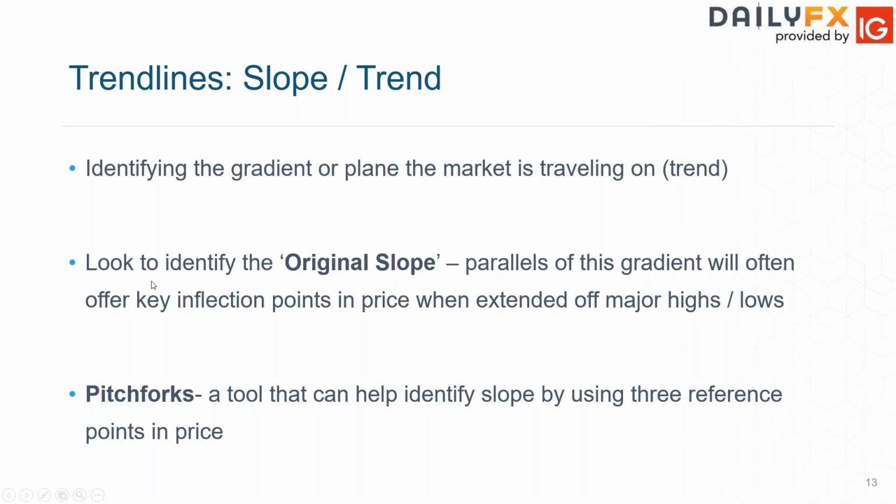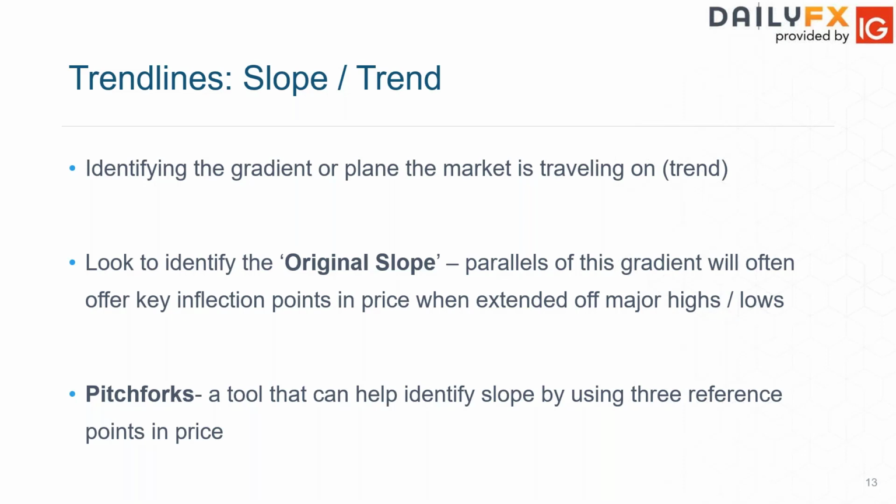So, trend lines. What are trend lines? How do I use them? How do I identify what's a real trend line and what's a fictitious trend line? What we're looking to do with trend lines is identify the gradient or the plane the market is traveling on. I oftentimes will call it slope.